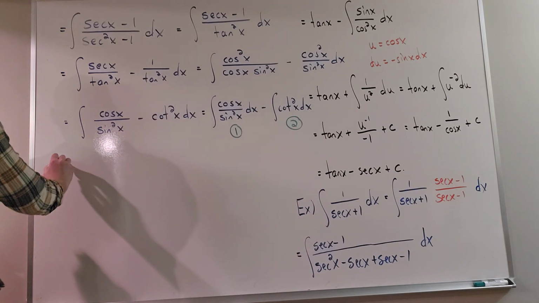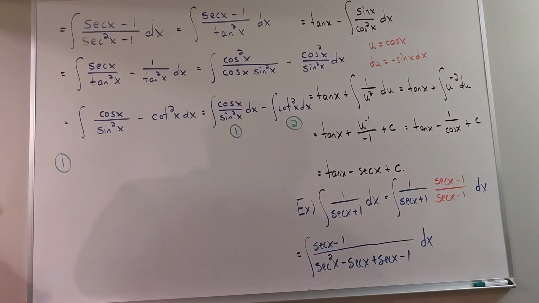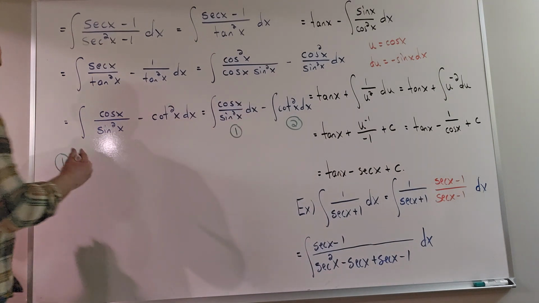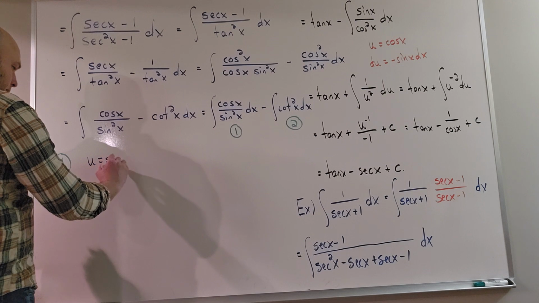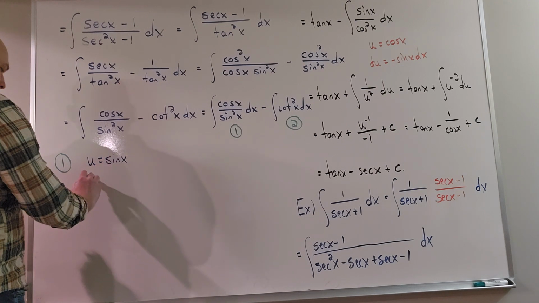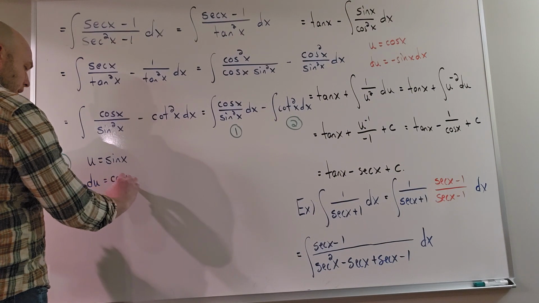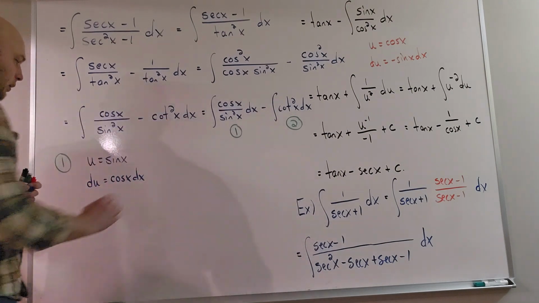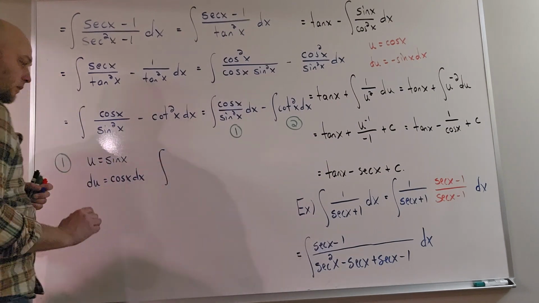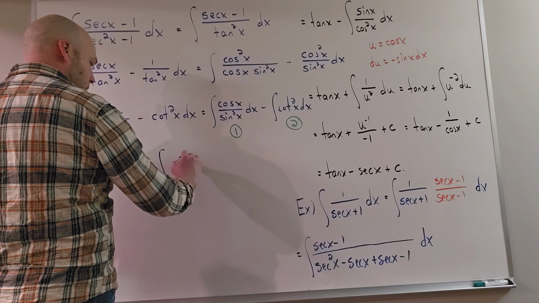So for integral 1, again, I'm going to use a u substitution. I'm going to say u is equal to sine of x. Therefore, du is cosine of x dx. And therefore, this integral becomes 1 over u squared, which is u to the minus 2 du.